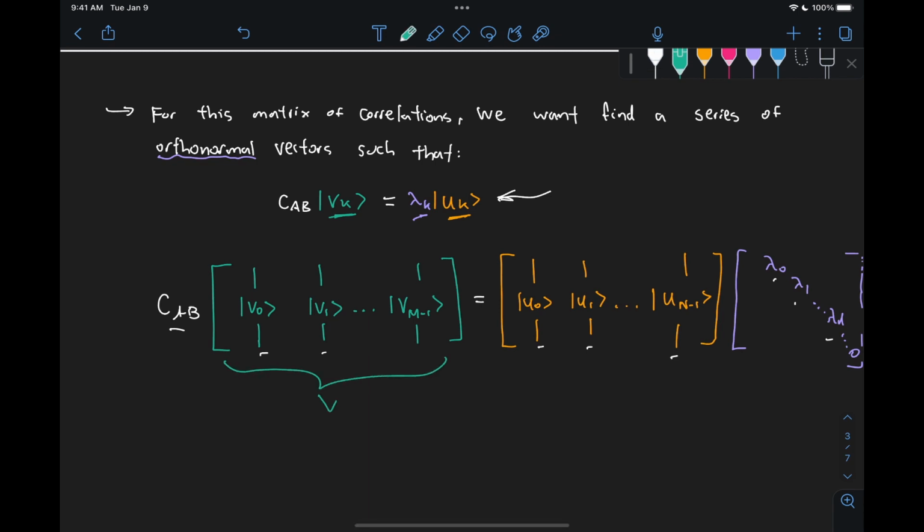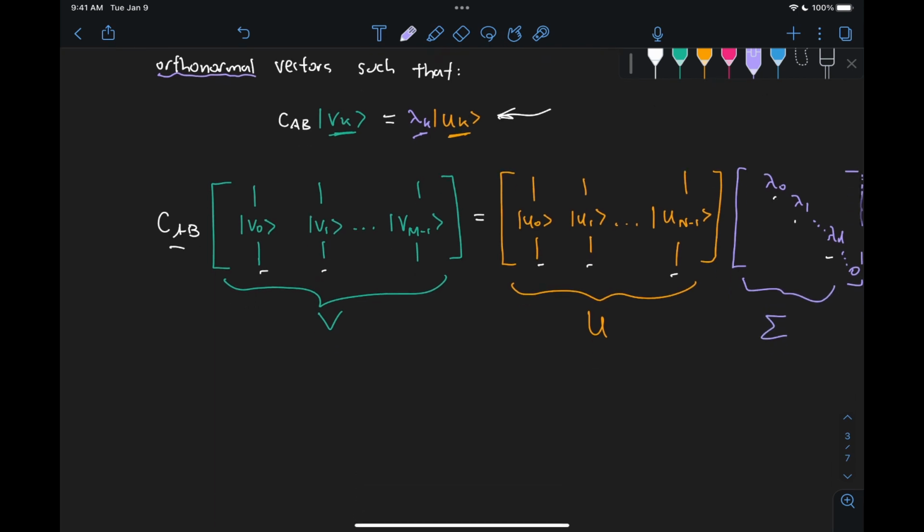Let's call this matrix the matrix V. Let's call this matrix the matrix U, and let's call this matrix the matrix sigma. What we would have is CAB times V equal to U times sigma. And we could then say that we can express this matrix CAB as this U sigma, and then to move this V to the other side of this equation, this will be V transpose.